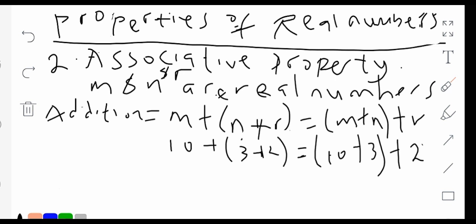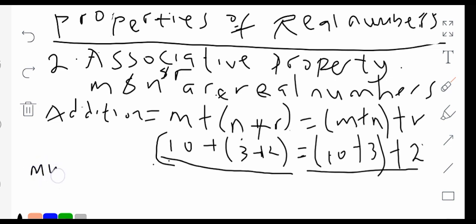Using BODMAS, on the left, 3 plus 2 first gives us 5. Then we add it to 10 to give us 15. So 15 is the left hand side. The right hand side, bracket first: 10 plus 3 gives us 13, then plus 2, 13 plus 2 gives us 15. So they are both 15, which is correct. That is for addition. Now for multiplication.